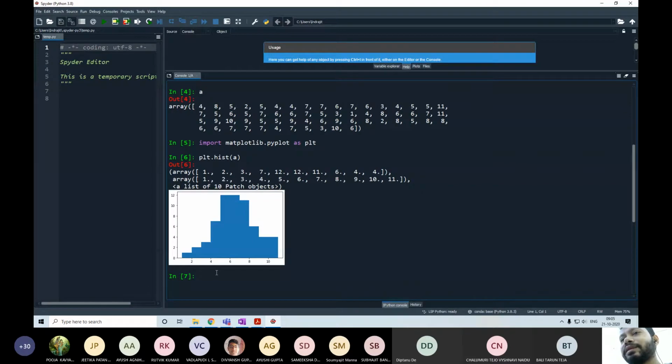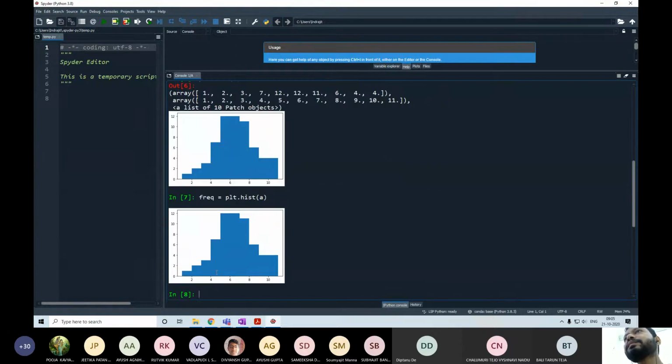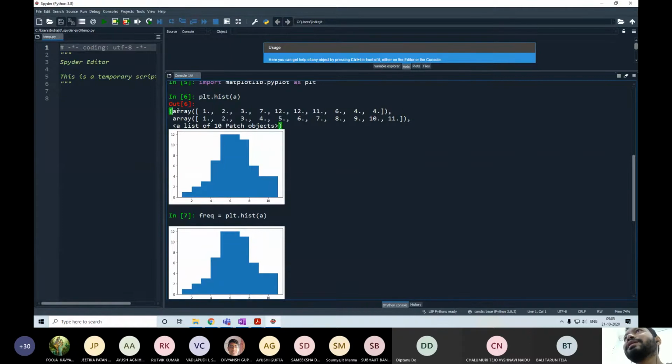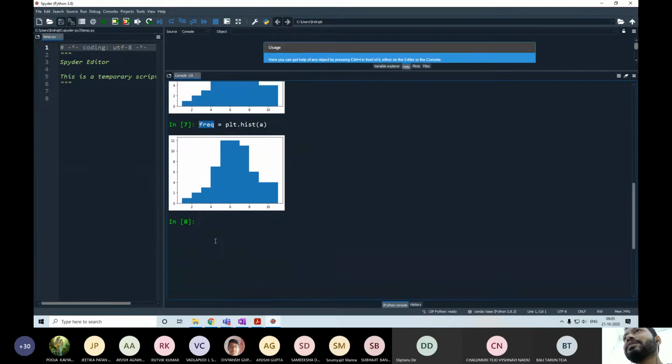Let's define a variable, say, frequency. It still gives me the same picture, but you are not seeing these outputs because they are stored in this variable frequency. If I call this variable frequency, you'll see this output.